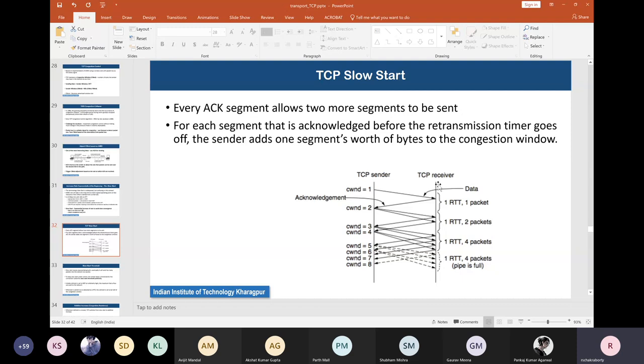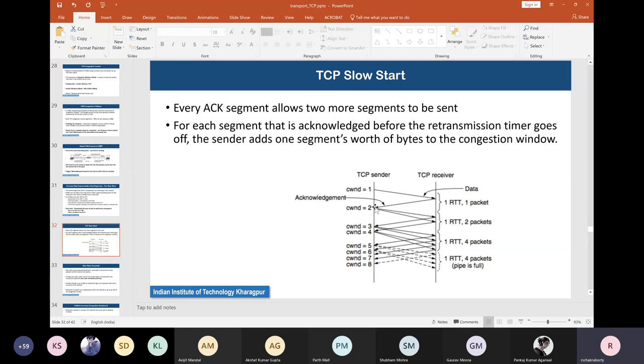So there is a TCP sender and TCP receiver. First, the TCP sender has set CWND to 1 and it sends 1 packet. The receiver has set its window to 4 or something. Everything is in terms of packets, not bytes. In an actual TCP connection it will be in terms of bytes, but just consider constant size packets for simplicity. 1 packet is sent, and it is acknowledged within 1 RTT.